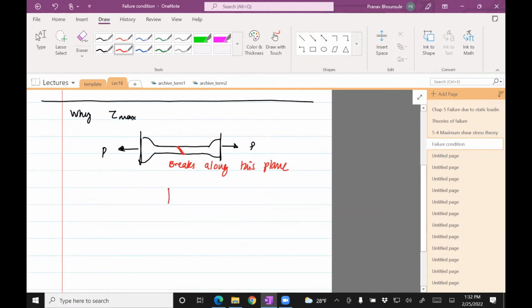So this is like saying, if there's a specimen loaded like so, then at 45 degrees we'll have shear stress. So let me draw it this way, which will be sigma divided by 2, and then normal stress will be sigma divided by 2. Same thing.